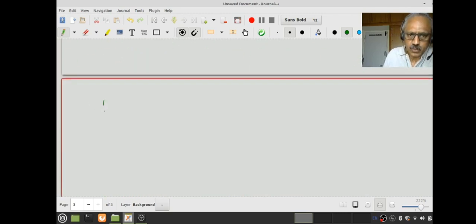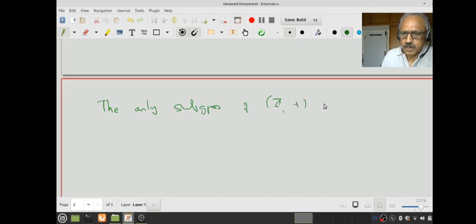Therefore the only subgroups of Z plus are of the form nZ, which is Hn for n in Z plus, and furthermore they are all distinct.